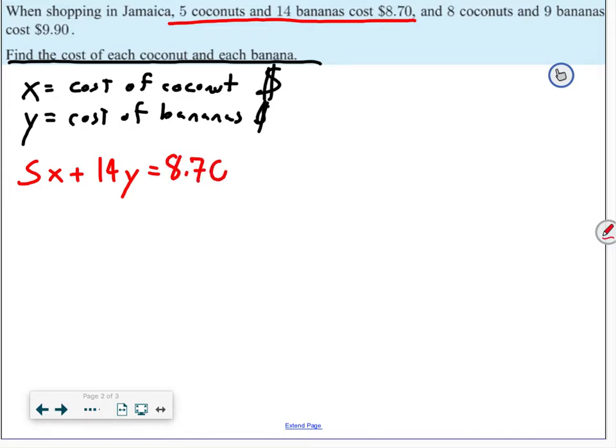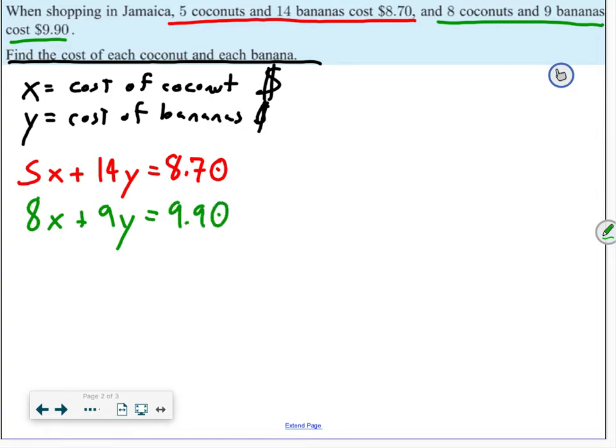My second bit of information is 8 coconuts and 9 bananas cost $9.90. So I have 8 coconuts, 8x, plus 9 bananas, 9y, equals $9.90.